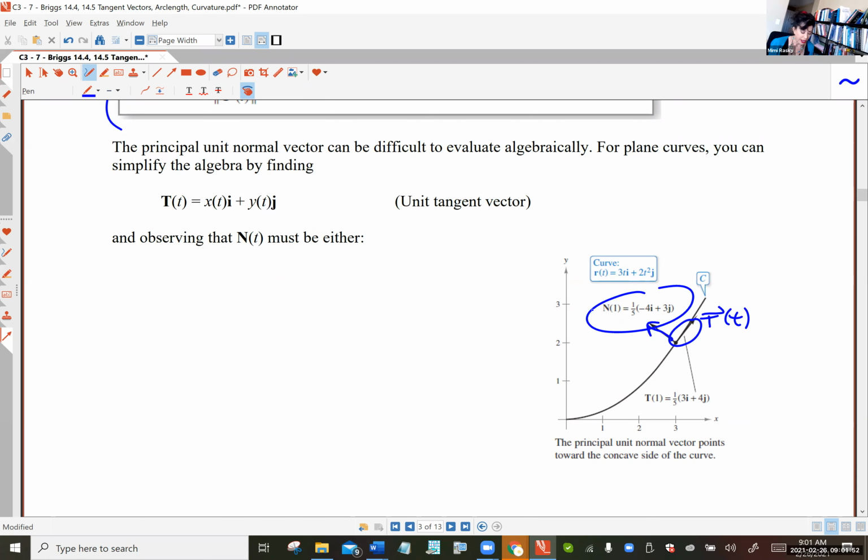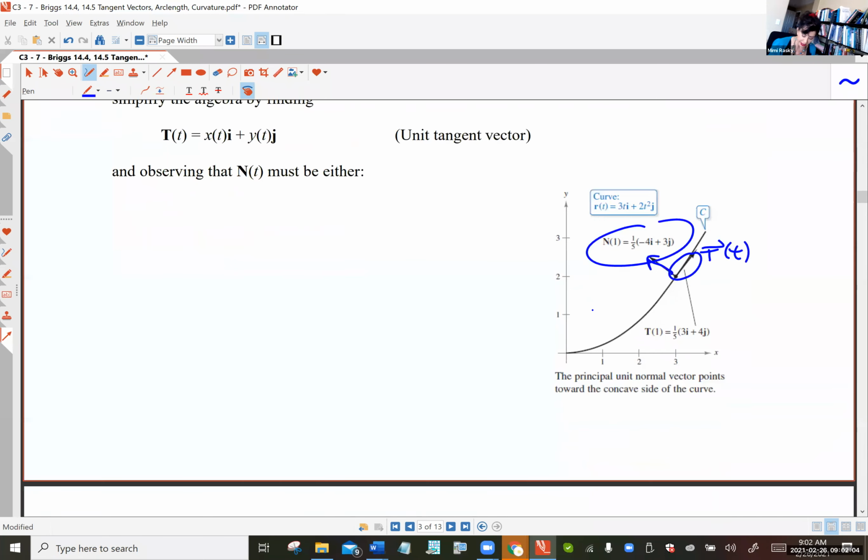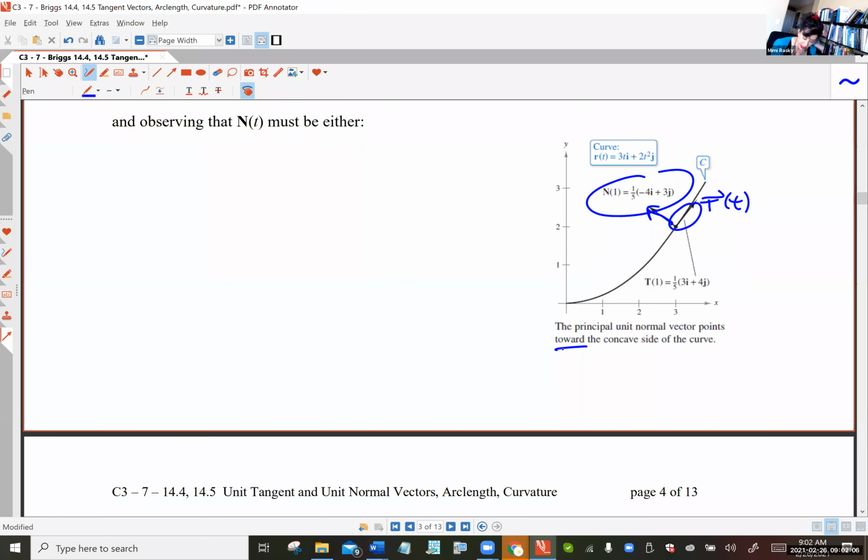You want to notice that big N is always going to be pointing towards the concave side of the curve, or pointing in the direction that the curve is turning. And let me write this down. They're telling you right here. It points toward the concave side of the curve. That is, it points in the direction the curve is turning.